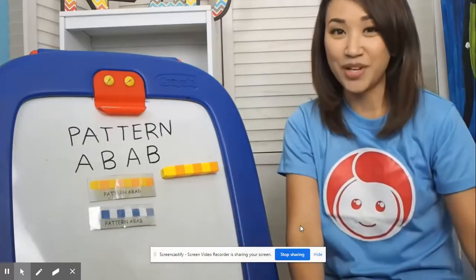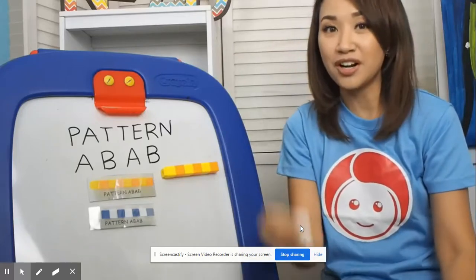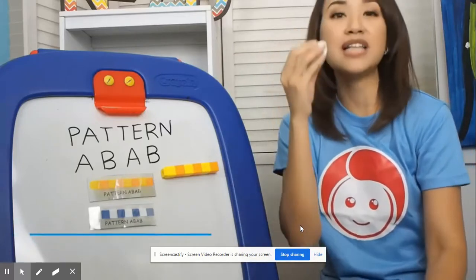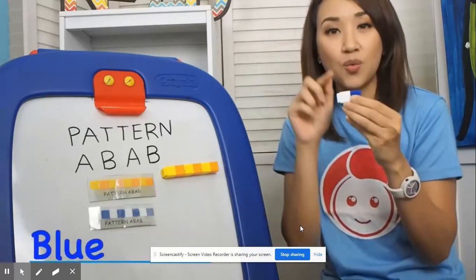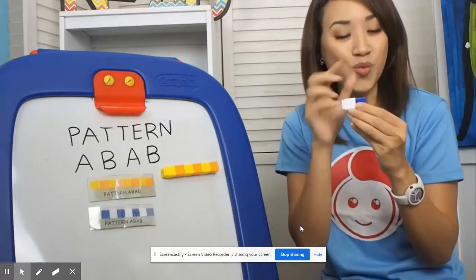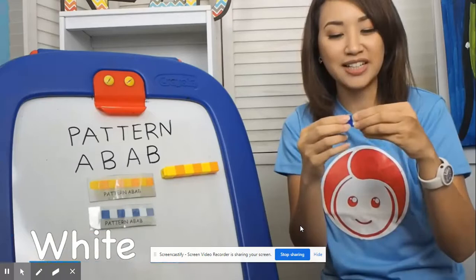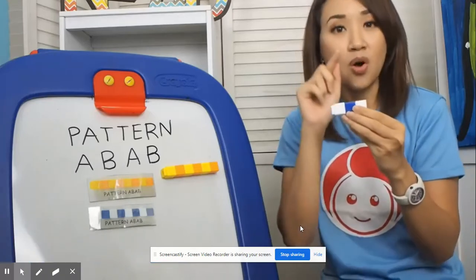Okay. Let's try it with our Unifix cubes again. So what is the first color? White. What is after white? Blue. Let's check. White, blue. What's after blue? White. Very good. Let's check again. White, blue.